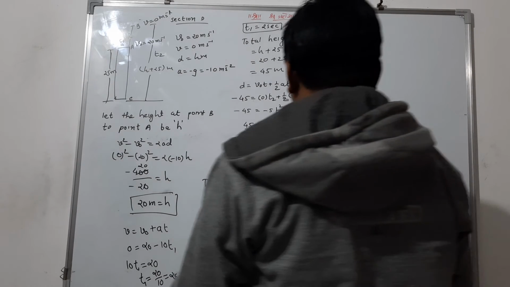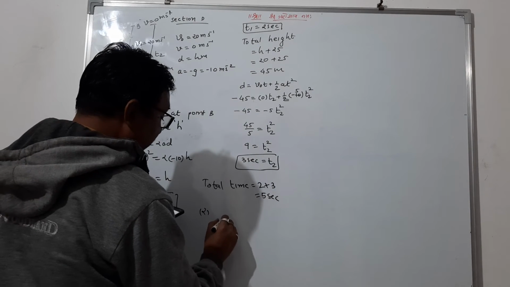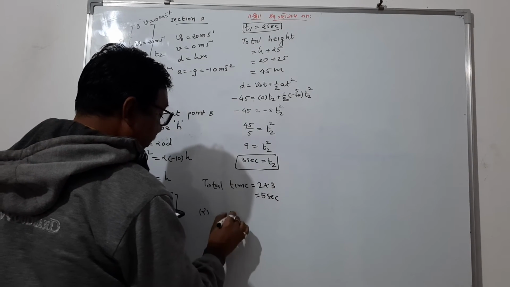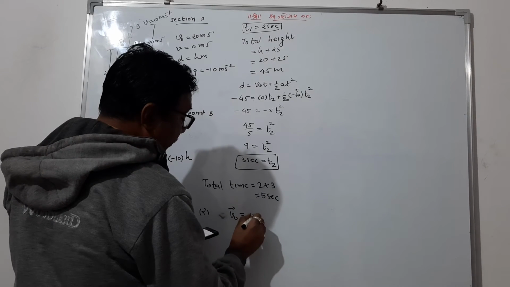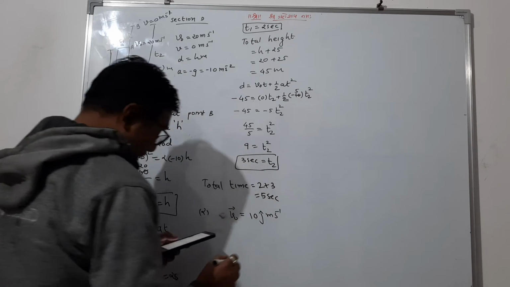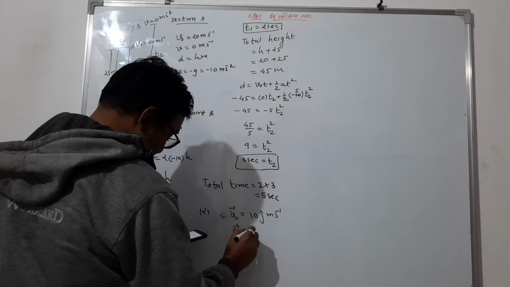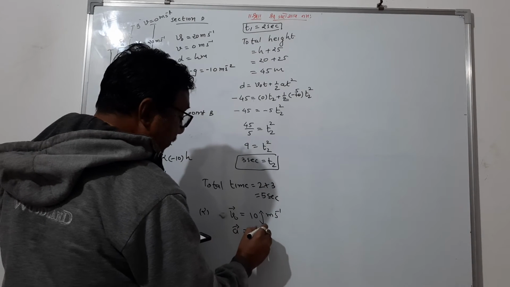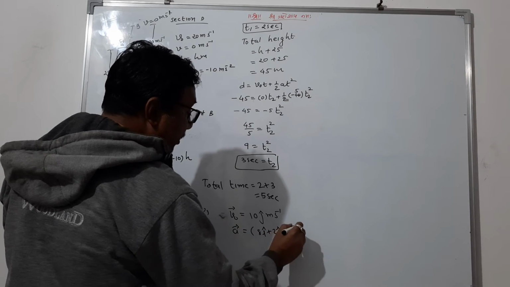Here your initial velocity, that is v0, is equal to 10j meter per second, and acceleration is given, that is 8i plus 2j meter per second square.